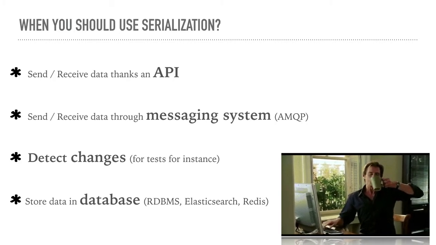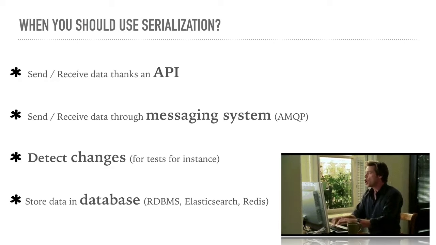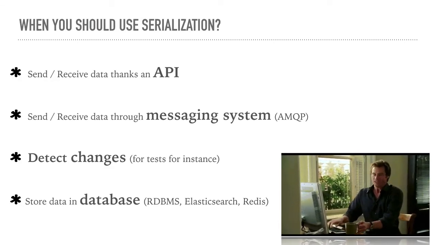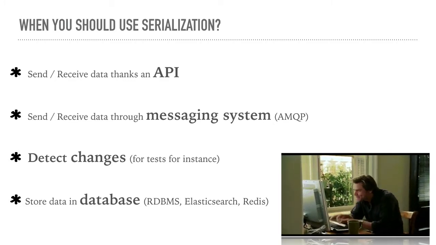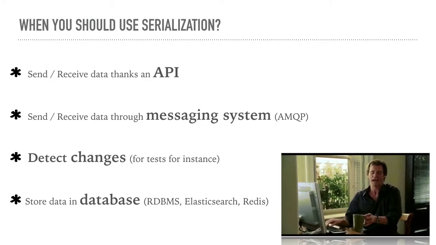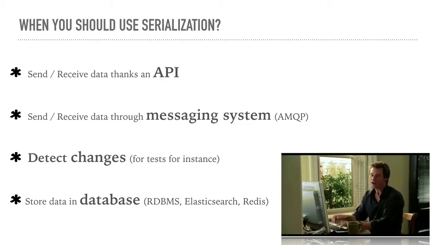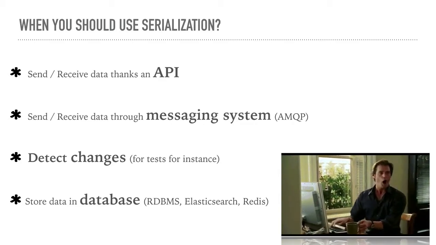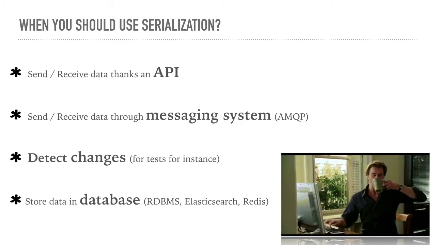You can also have a good way to detect changes, for instance, for your unit tests. Instead of testing all the properties of your object, you just have to make sure that your serialized object has all the information you want at once. And the last use case could be if you want to store data in a database. Maybe instead of having columns with fields, you will have all the information in one field. Okay?